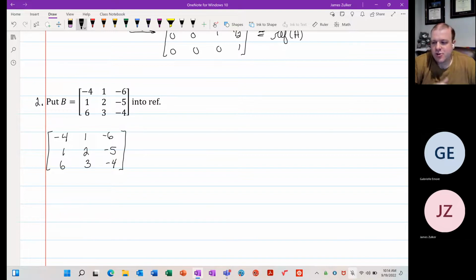Okay, so again, we want to start by rewriting the matrix. Look for the first column with a non-zero entry. The first non-zero entry is our pivot. Let's make that 1, so multiply row 1 by -1/4.